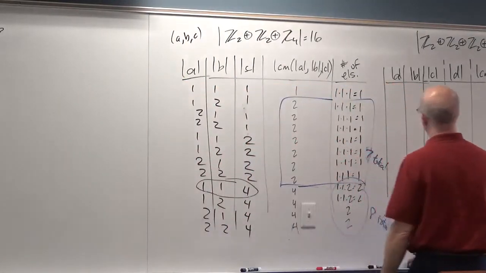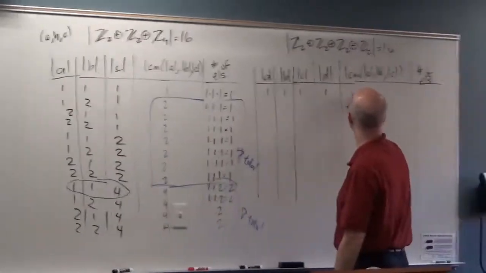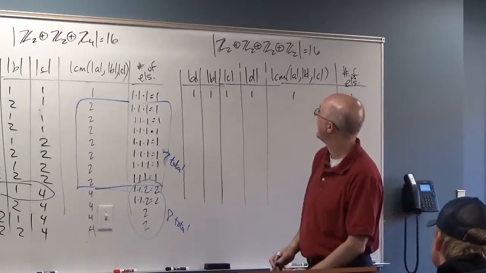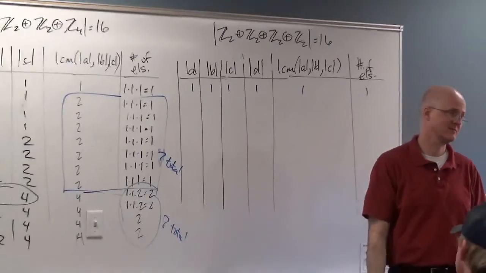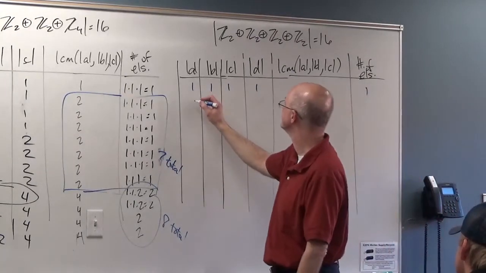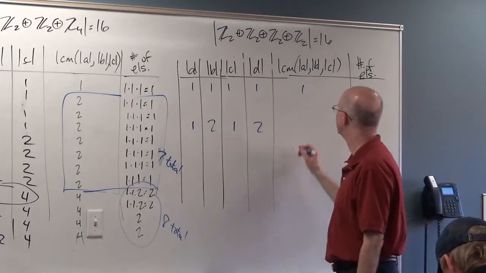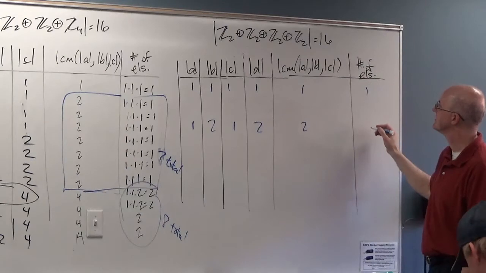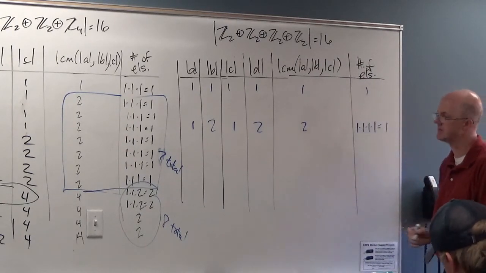Yeah, I'm not going to make the whole table here. Of course, you got the identity. The orders of A, B, and C, though, can only be 1s and 2s. So you don't really have to make the full table. You know, one example of something in the table would be this one. The least common multiple would be 2, but that doesn't matter. As far as the number of elements, you still have 1 times 1 times 1 times 1 is 1.